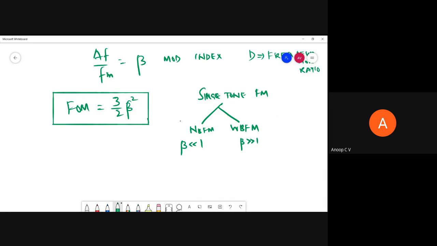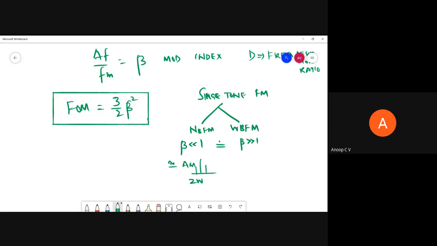It is similar to AM, with only a carrier, an upper sideband and a lower sideband. The bandwidth is 2W in narrowband FM, but in wideband FM we had Carson's rule to find the bandwidth.